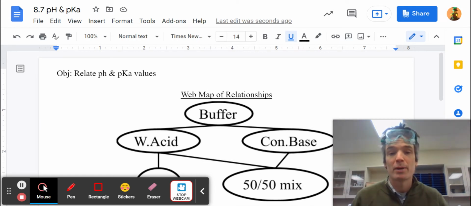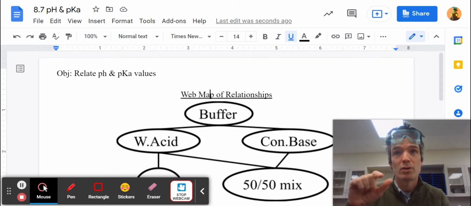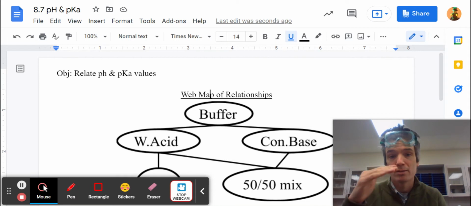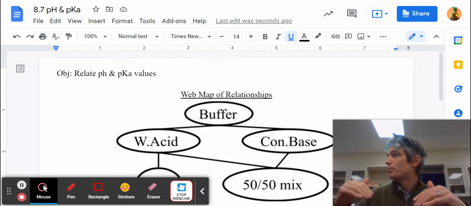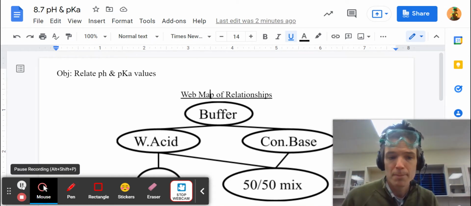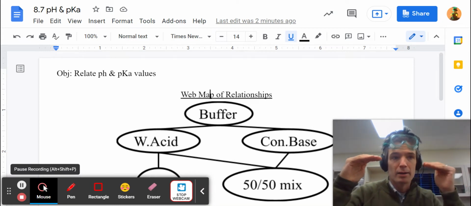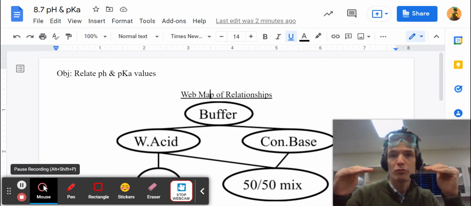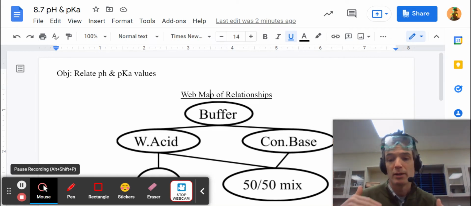And we saw that when I mixed acetic acid and its conjugate base, acetate ion, sodium acetate, I mean, it could be any salt of acetate, and I put them together in a beaker, we saw that we got a pH in between my pure weak acid and its conjugate base. The pH was somewhere in between, and we're going to say, hey, what does this mean?